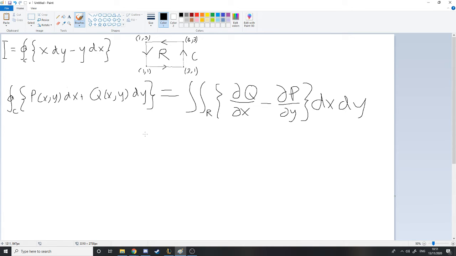Let's see how Green's theorem makes this line integral problem quite simple.